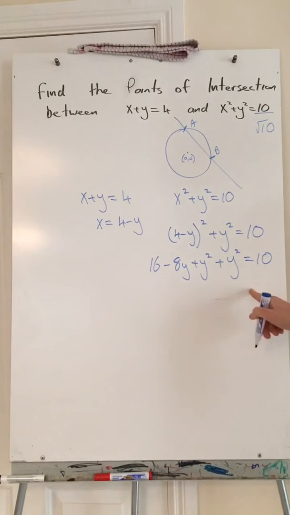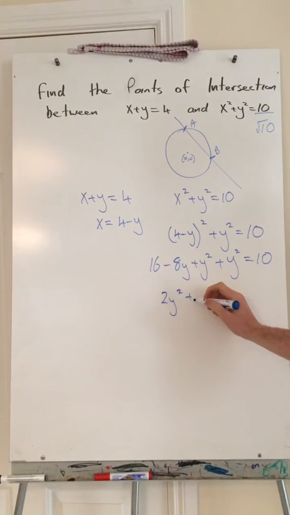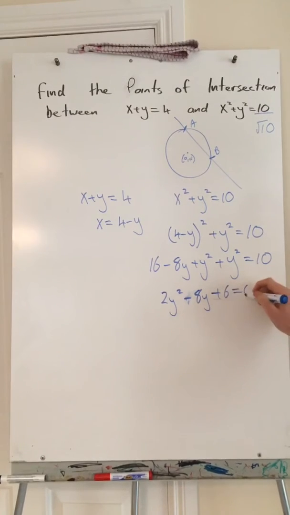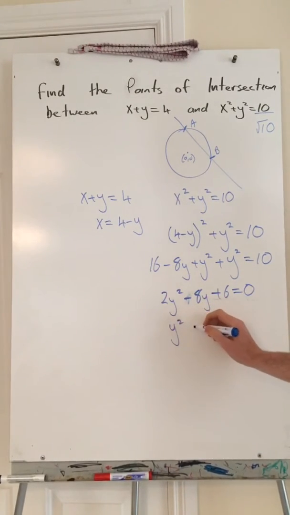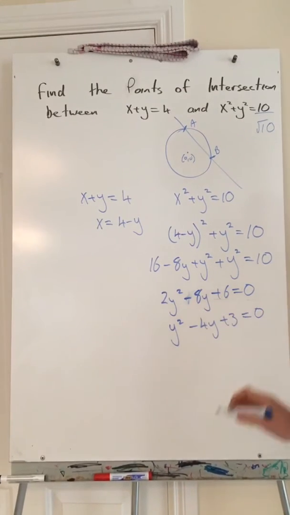If you simplify this now, we get a quadratic: 2y squared minus 8y plus 6 is equal to 0. You can divide everything by 2, so we get y squared minus 4y plus 3 is equal to 0.